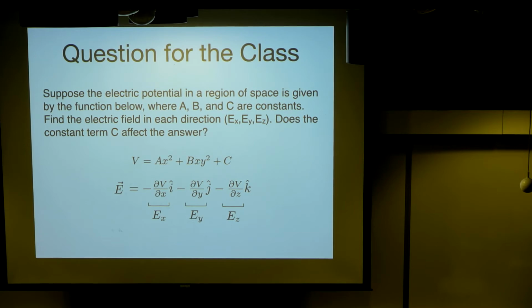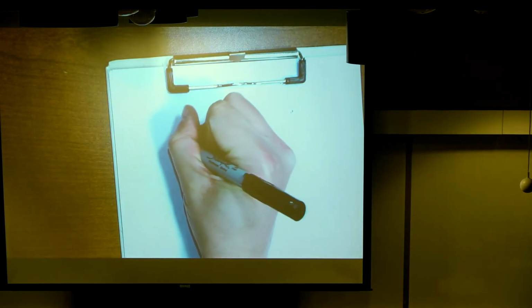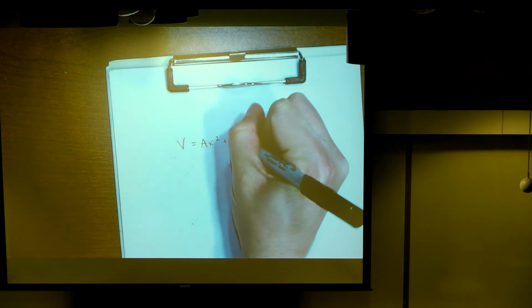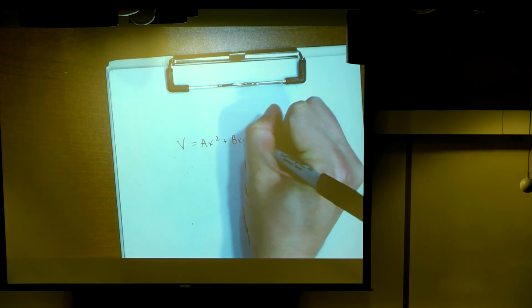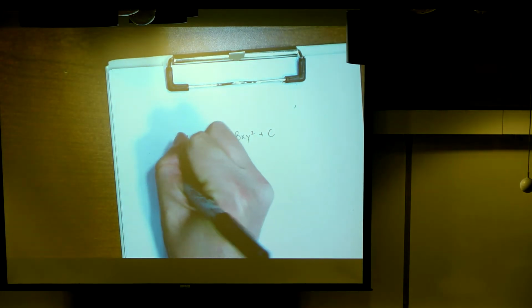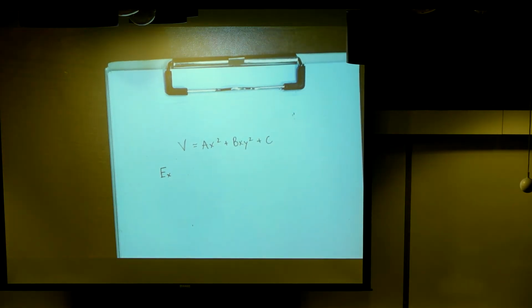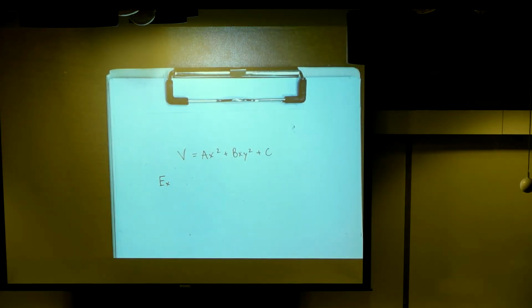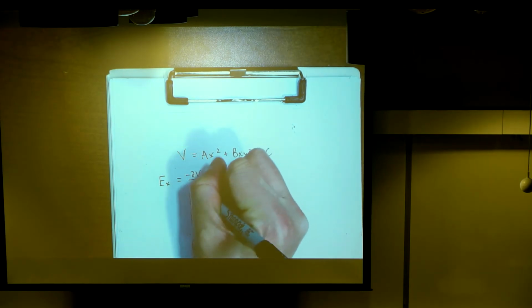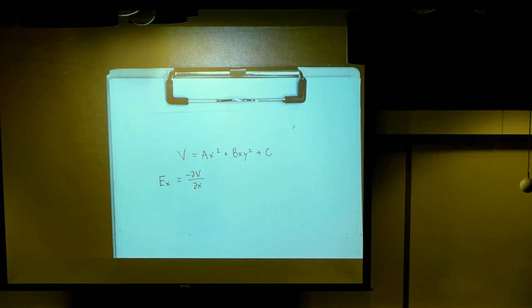So I'm going to start by just copying down the function V. Okay, V equals ax squared plus bxy squared plus c. So remember, if I want Ex, let's say I just want the x component of the electric field in this region of space, that's going to be minus dV/dx.